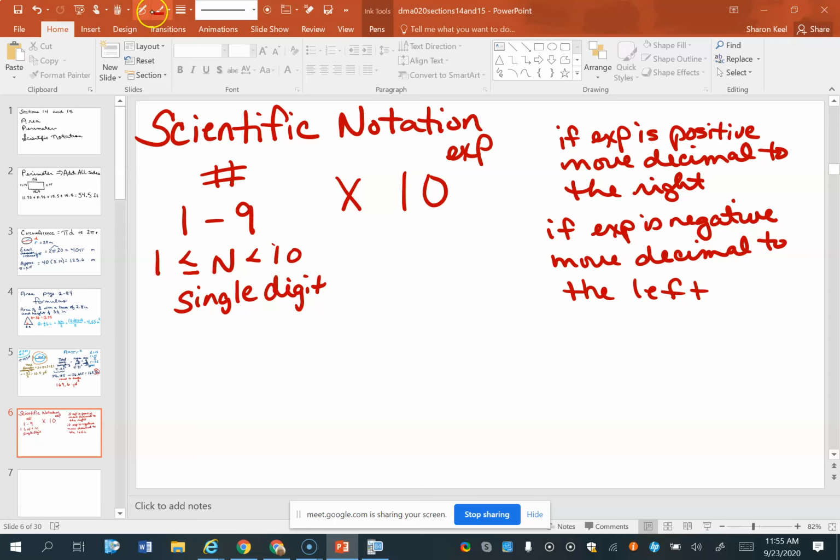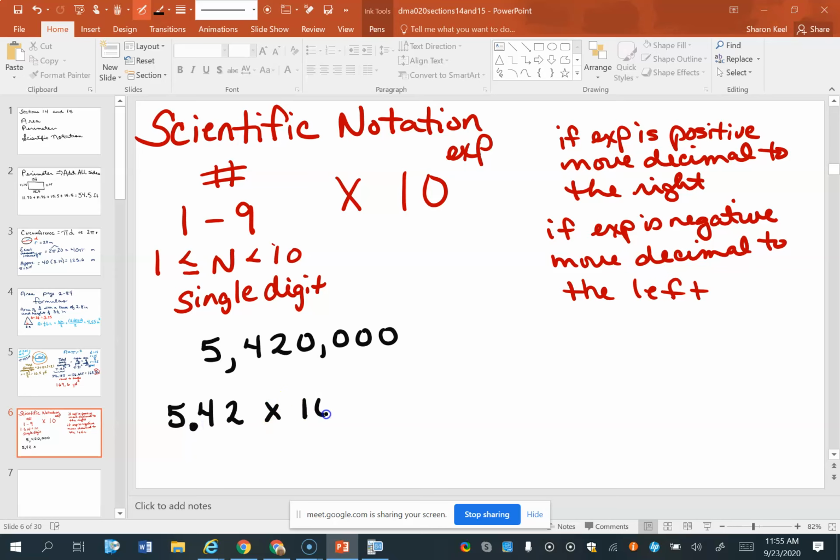So let me give you an example here. If I were to give you 5,420,000 and I want to write this number in scientific notation, I look at my first few digits. I have a 5, a 4, and a 2. To make this a single-digit whole number, I would place my decimal between the 5 and the 4.